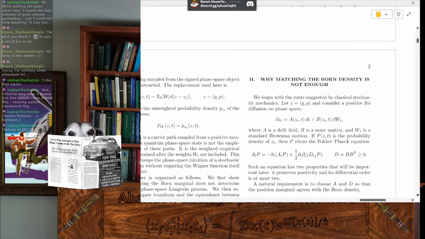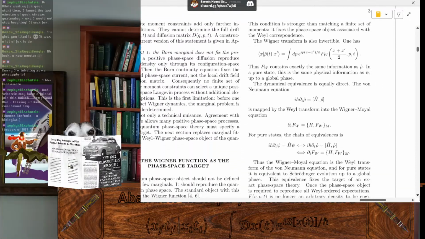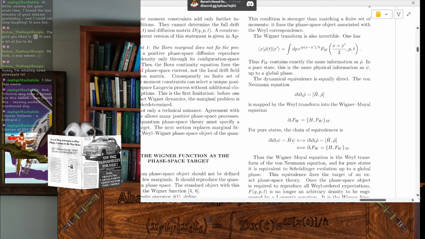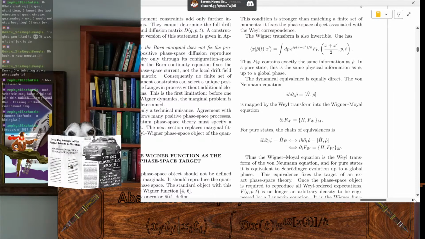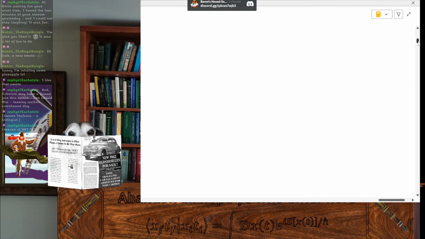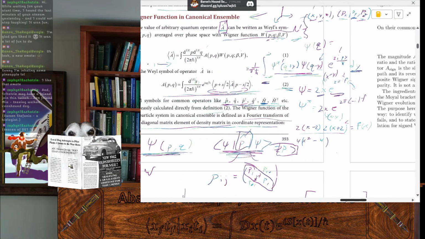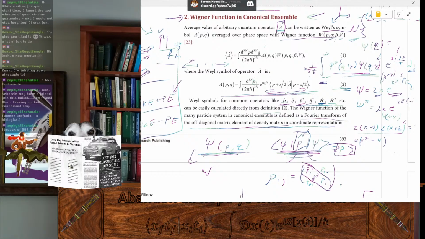There might be better papers for this. Wigner function as a phase-space target. Okay, so we might look at that, and then what's this? Oh, that's the model performance one. Okay, let me think.